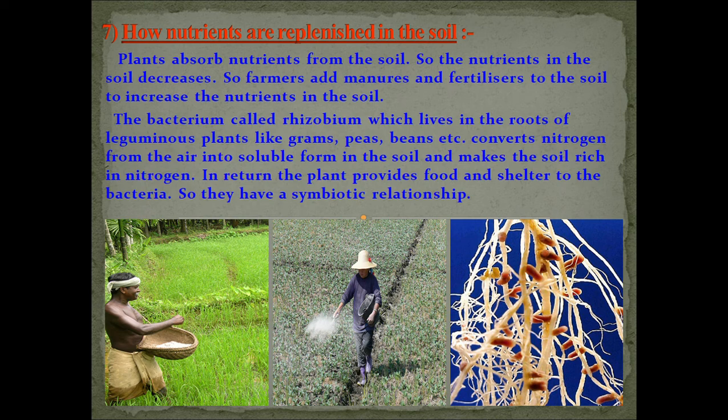The bacterium called rhizobium, which lives in the roots of leguminous plants like grams, peas, beans, etc., converts nitrogen from the air into a soluble form in the soil and makes the soil rich in nitrogen. In return, the plants provide food and shelter to the bacteria, so they have a symbiotic relationship.